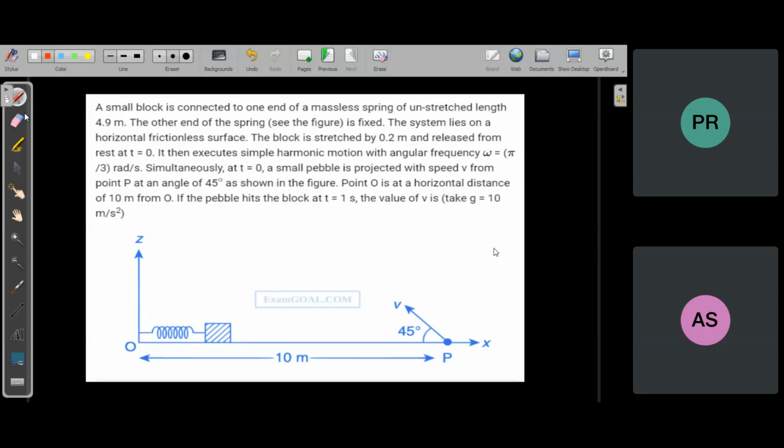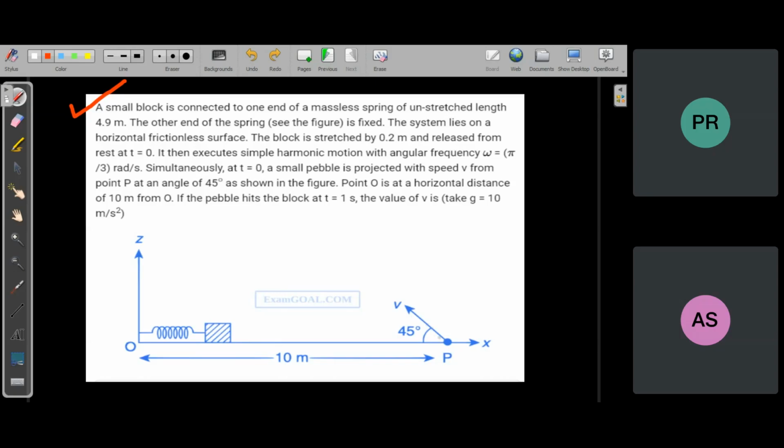So directly, I think we can apply the formula. Which formula? Time of flight of projectile we can apply. So 2u sin theta by g. Yes, yes. So this question, no need to apply any concept of SHM. Directly you can do.